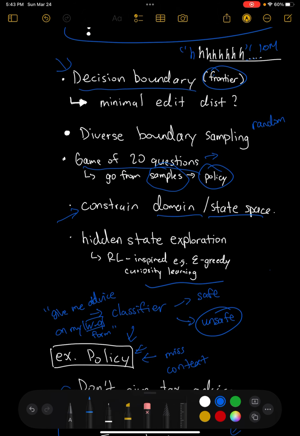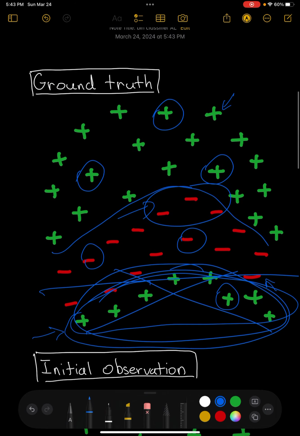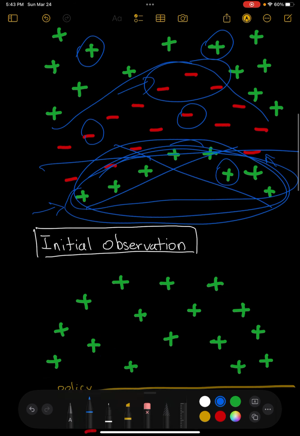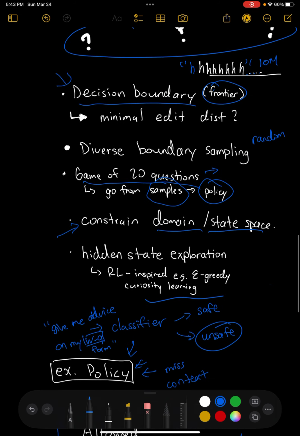And then lastly, there's a lot of RL-inspired approaches where you can think about this whole problem of trying to fit this classifier, where we don't know and we're generating data points as we go along, as very similar to hidden state exploration for reinforcement learning, where there are a lot of approaches, obviously the typical epsilon greedy approach, but also curiosity learning.